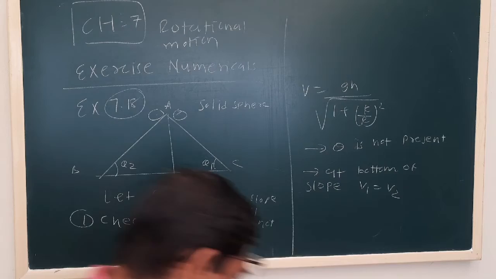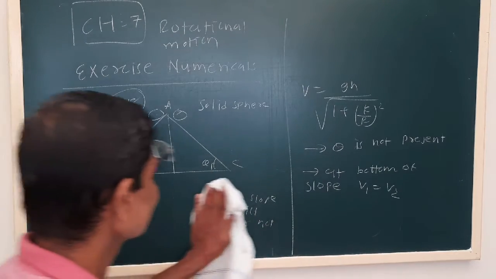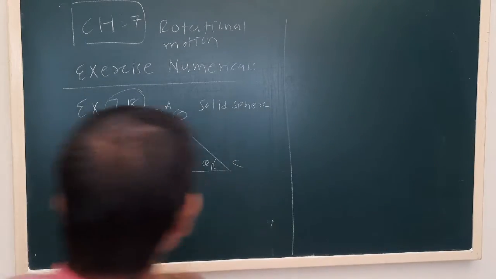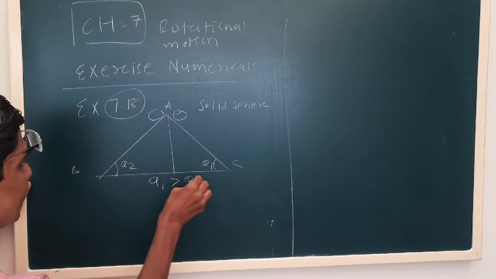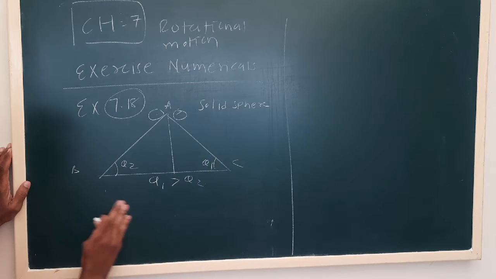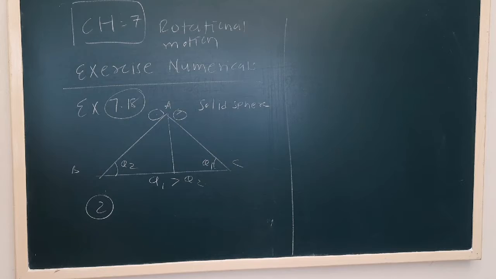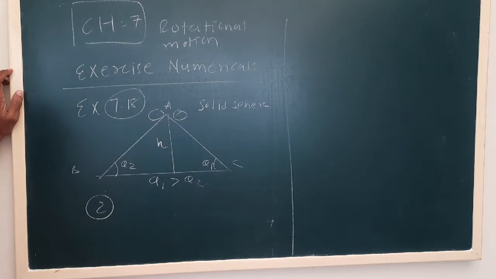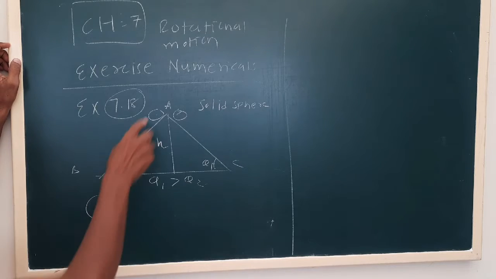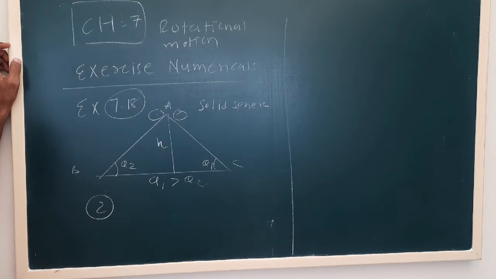Now the second part of the question. This was part 1. Now second part: let us say the height of the slope is h. When it comes down from AB or AC, whether the time will be the same or not.